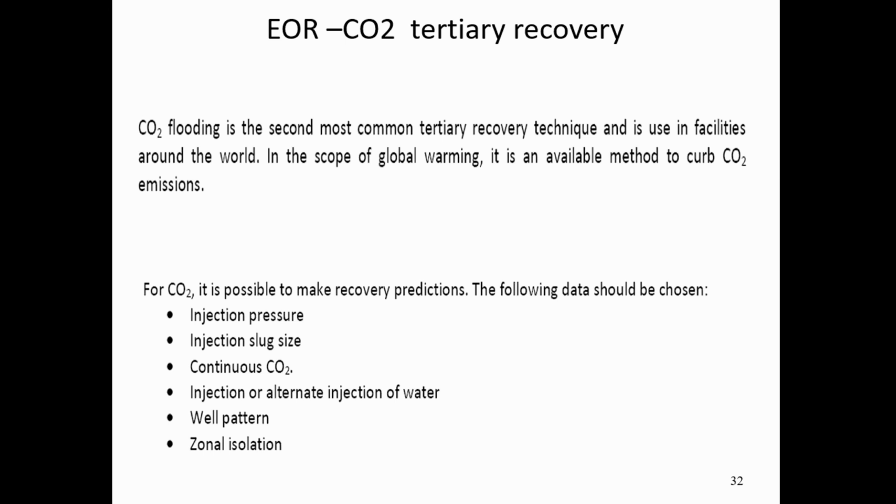So I capture 1,000 kilogram of CO2 from the atmosphere. I purify it, make it very clean. I inject it in the reservoir. It will push to the surface. 1 ton will push 4 to 5 barrels of oil.